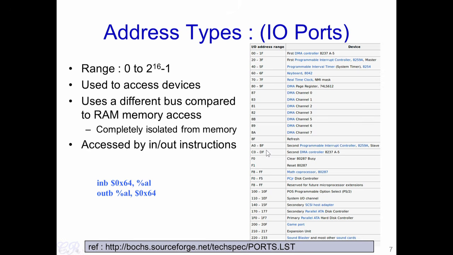I/O devices like keyboards, mice, hard disks, and other programmable devices like a programmable interrupt controller could be mapped. So, unlike the previous addressing that we have seen, that is the memory addressing, the I/O addressing could be from 0 to just 2 power 16 minus 1.